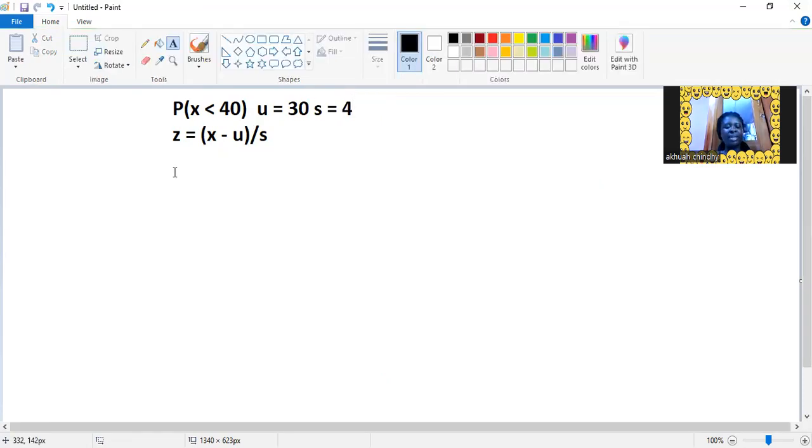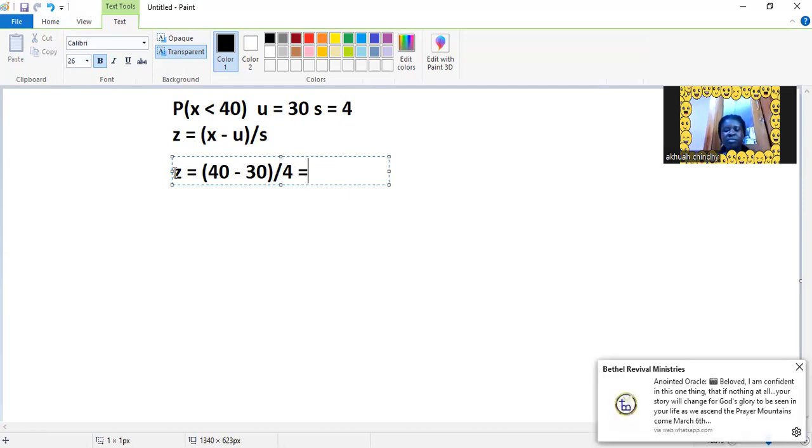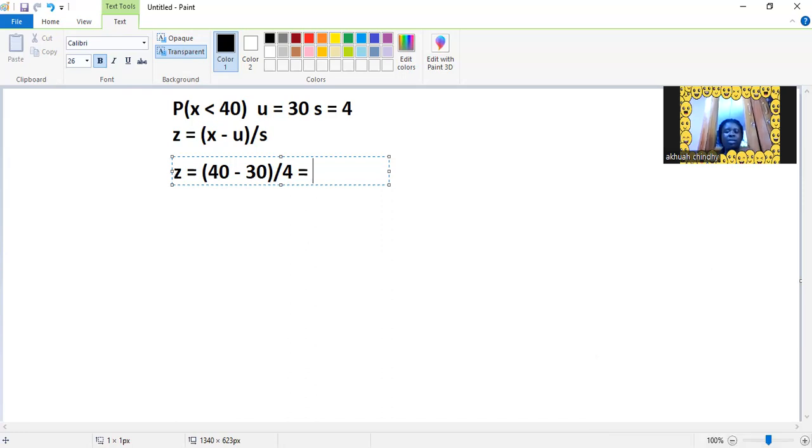So we have z equal to 40 minus 30, all divided by 4. Using our calculator, we get 2.5.